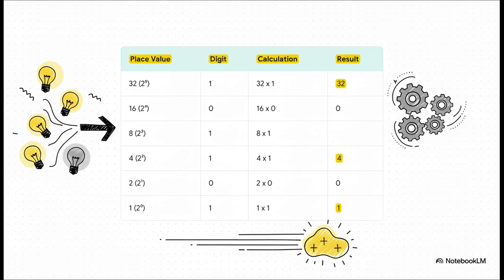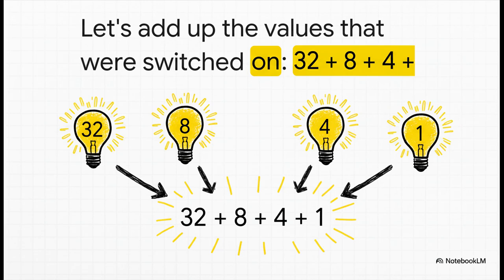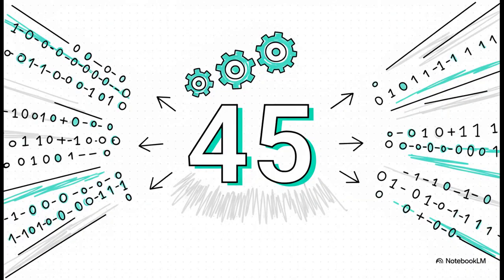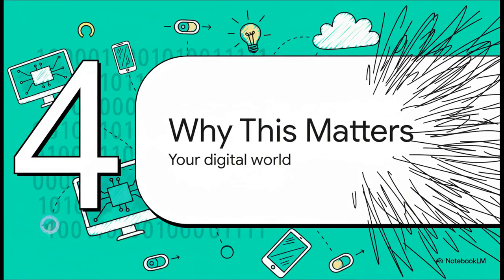The rest are off. You know the drill. Let's just add up the on values. 32 plus 8 plus 4 plus 1. And that gives us 45. And there you have it. The process is exactly the same whether the number is 5 digits long or 50. It never changes.